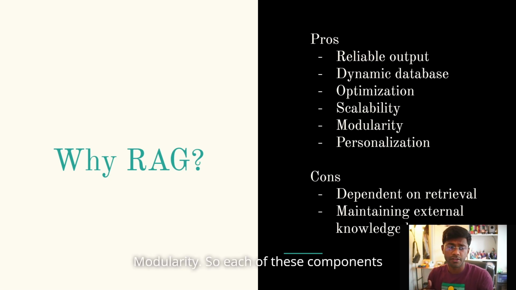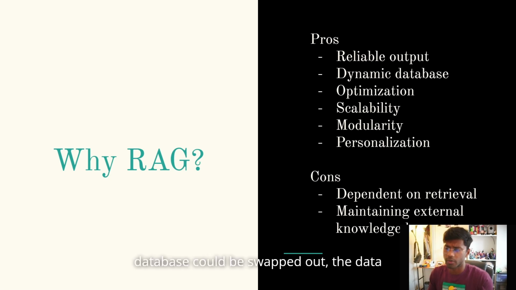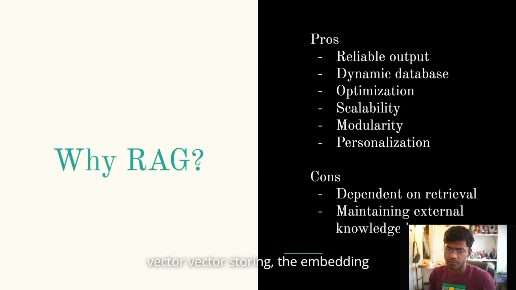Modularity. Each of these components in this RAG workflow is its own thing, and you can swap it out with any other model. The database could be swapped out, the embedding method for vector storing could be swapped out, the similarity matching, anything could be modified at any point, and everything is abstracted into its own component.